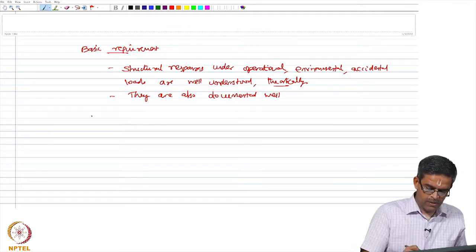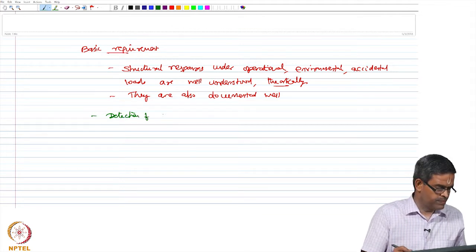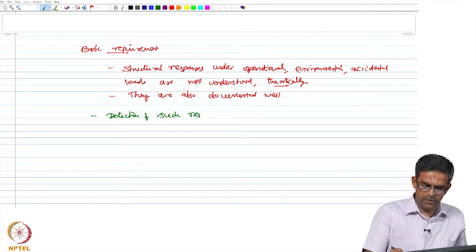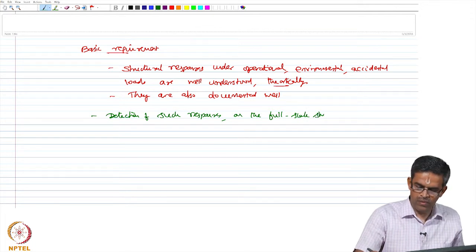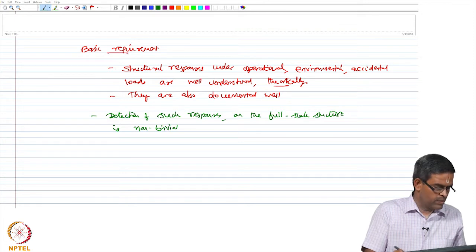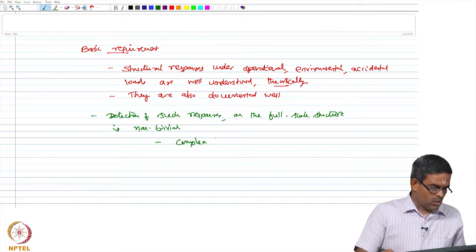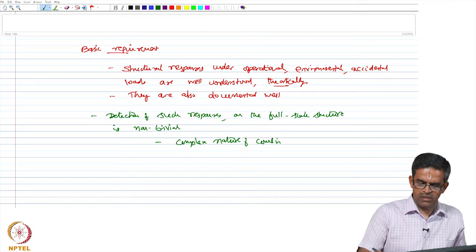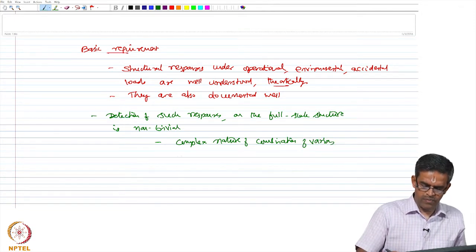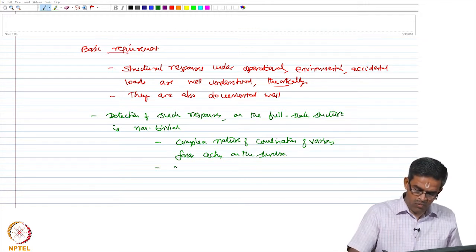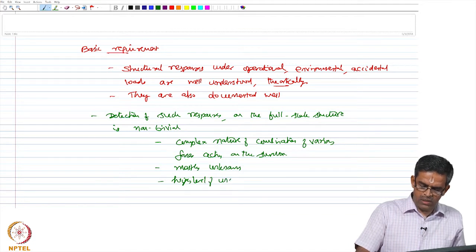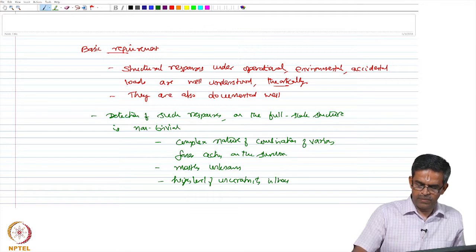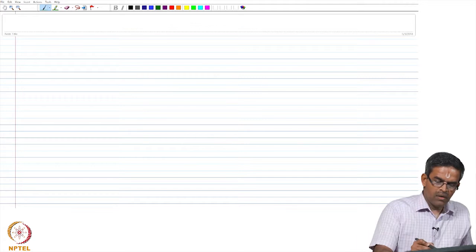But detection of such responses on the full scale model, this is essentially due to the complex nature of combination of various forces acting on the structure, which are mostly unknown and they have very high level of uncertainty in their predictions. That is the first necessity.